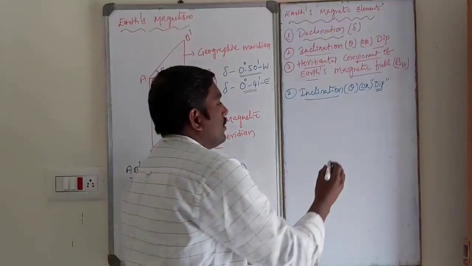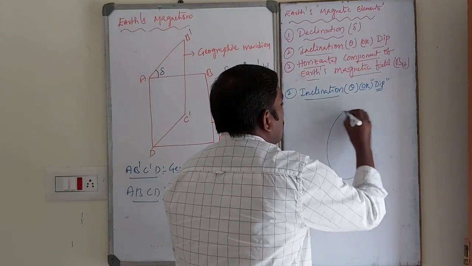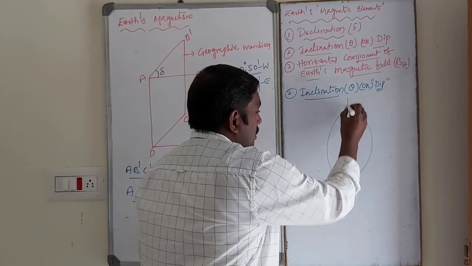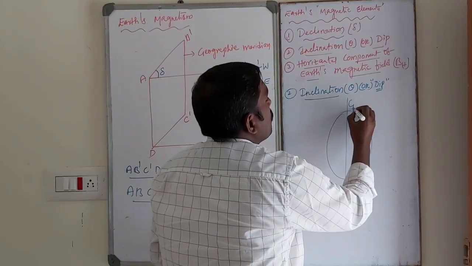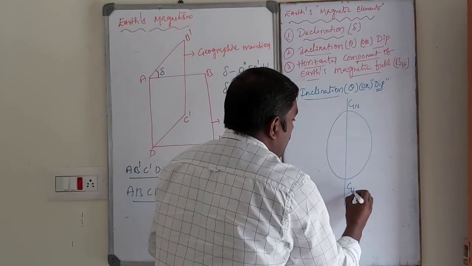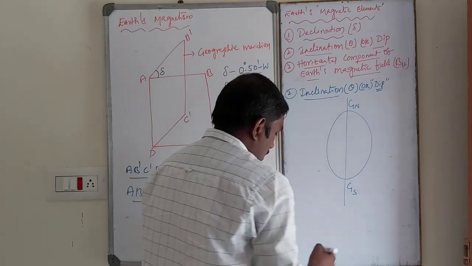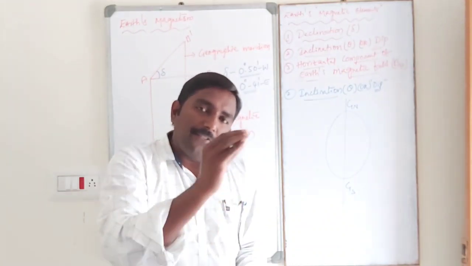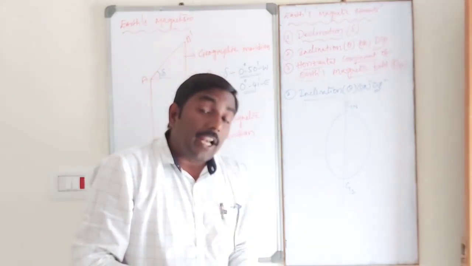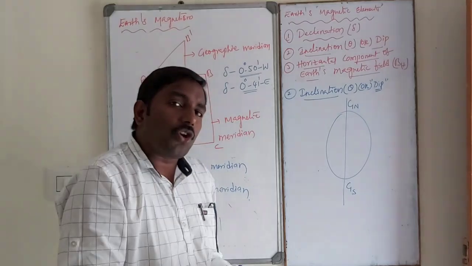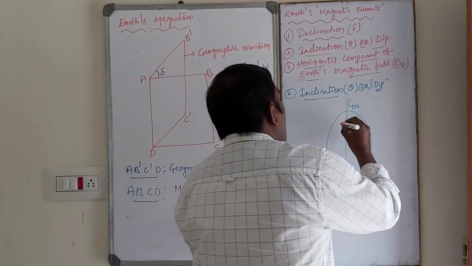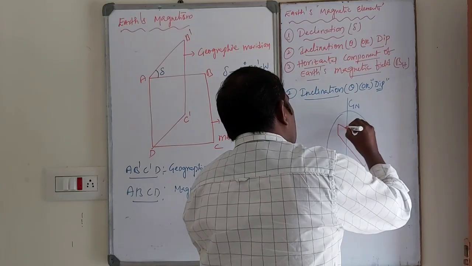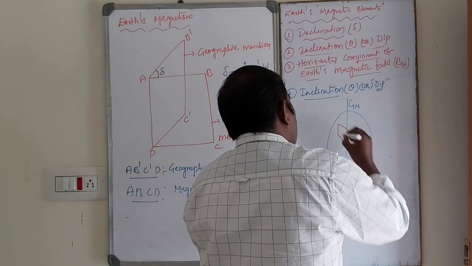See dear students, this is the earth. Just assume this is the earth. This is geographic north, geographic south. A magnetic needle or a compass needle suspended freely in air comes to rest along the direction of the geographic north and south poles approximately. Please remember it like this.